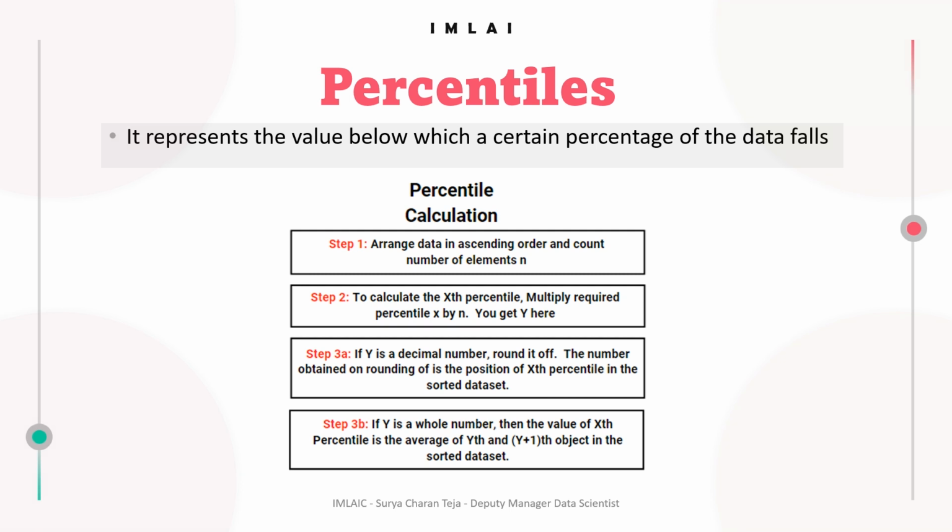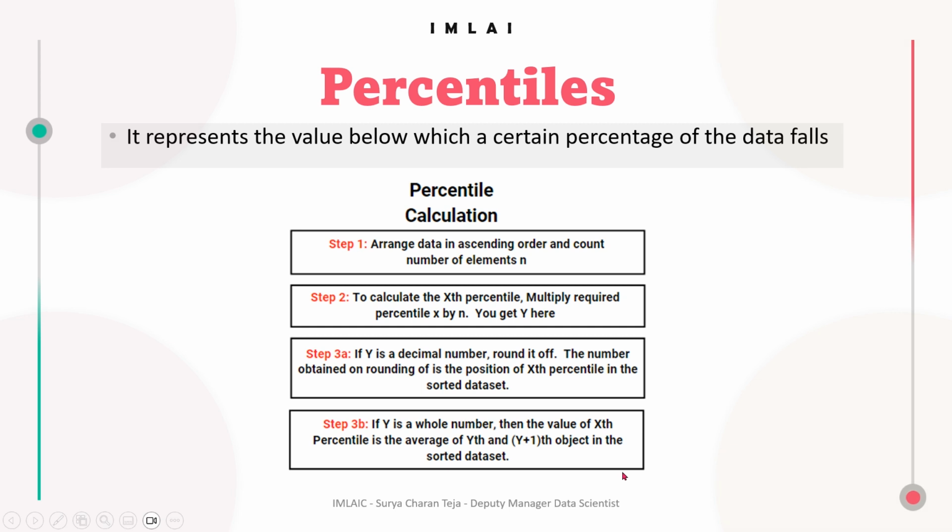For the percentile calculation, step 1: arrange the data in ascending order and count the total number of elements, n. To calculate the xth percentile, multiply the required percentile x by n. Then you get y.